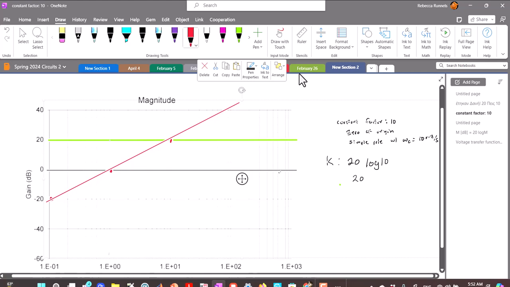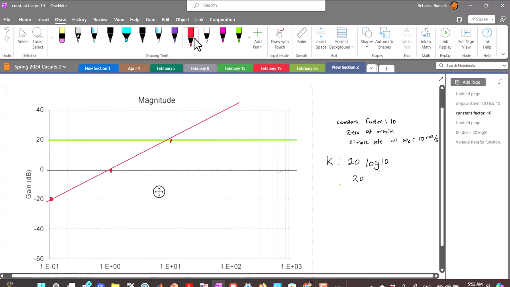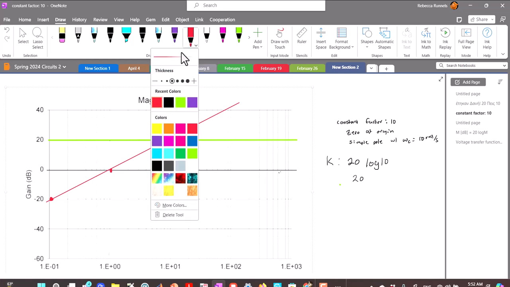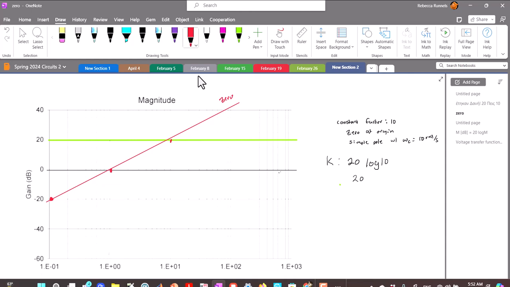Okay, so this one is 20 log omega. How would I write this? I would write 0 at origin.